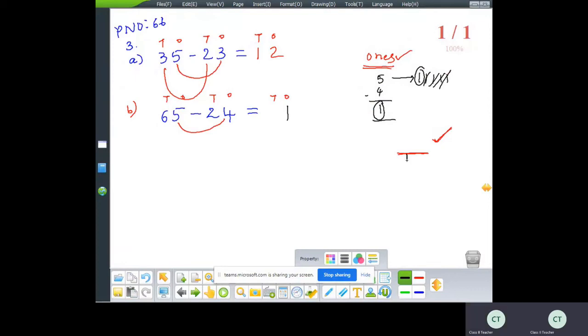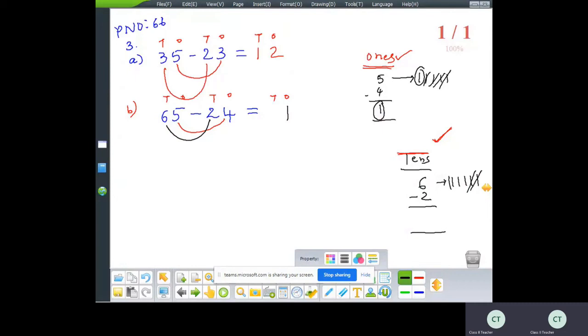Now subtracting on the 10's place. The digits from the 10's place are 6 and 2. 6 and 2 means 6 minus 2, subtracting 2 from 6. Here, from 6 lines: 1, 2, 3, 4, 5, 6, we remove or cut 2 lines: 1, 2.